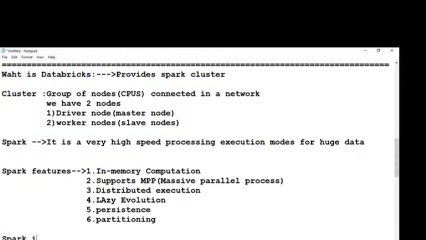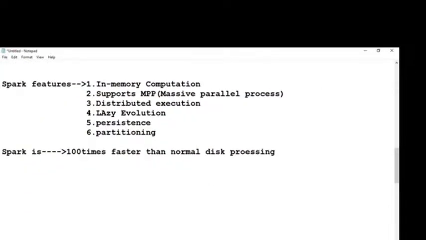So Spark is 100 times faster than normal disk processing.